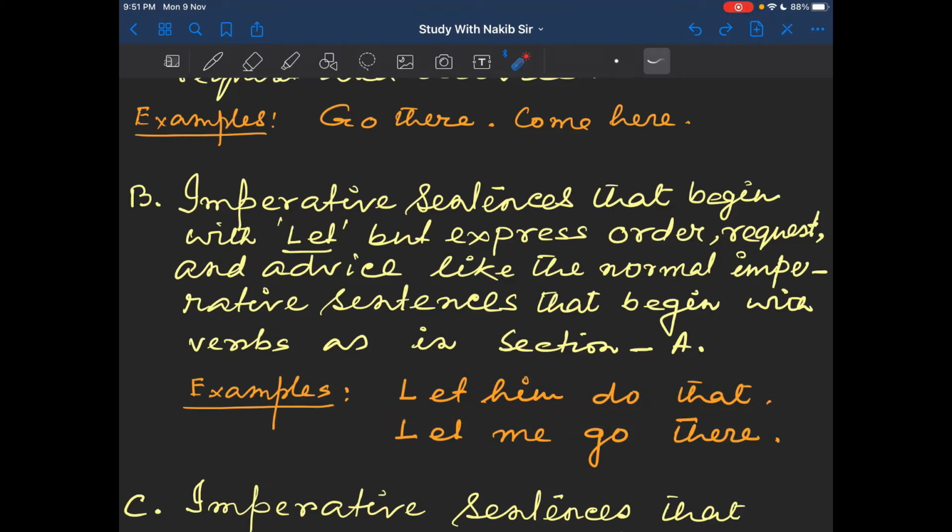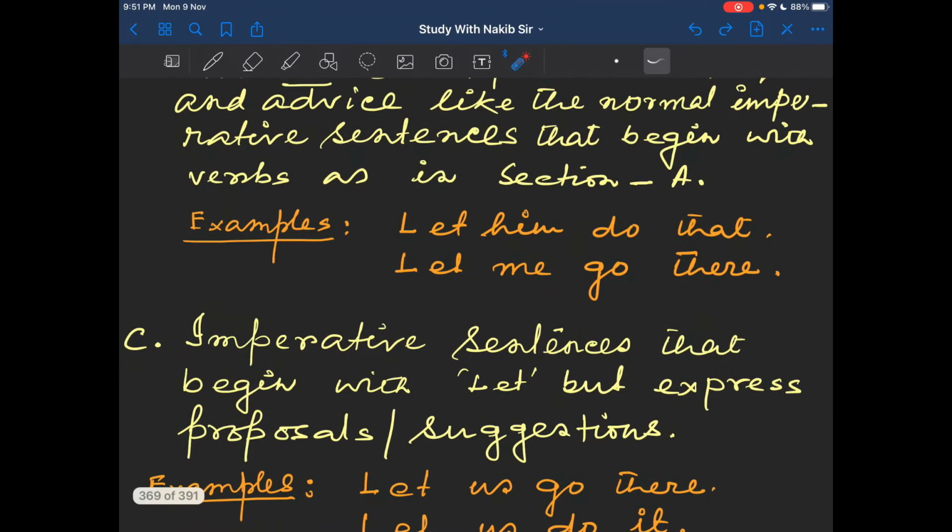So section B deals with the imperative sentences that begin with let but work like the normal imperative sentences that begin with the verbs to express order, request or advice.